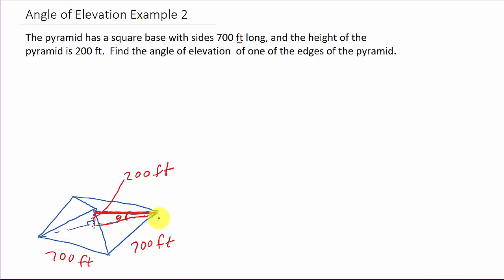Okay, so let's just sketch this over here. So I've got something like this. I know this is 700 and this is 700. So what that tells me is that this is a 45, 45, 90, right? So I know this is 90 degrees.